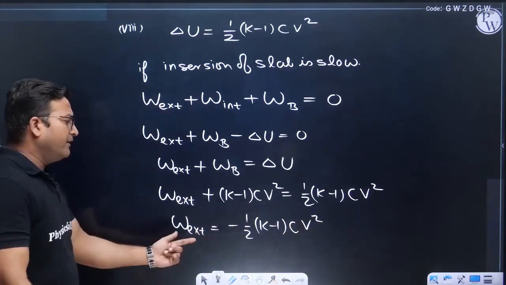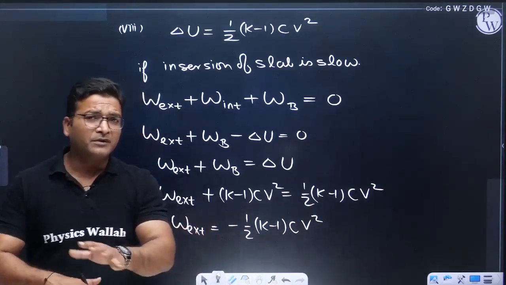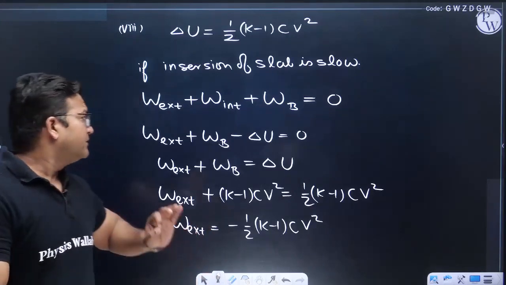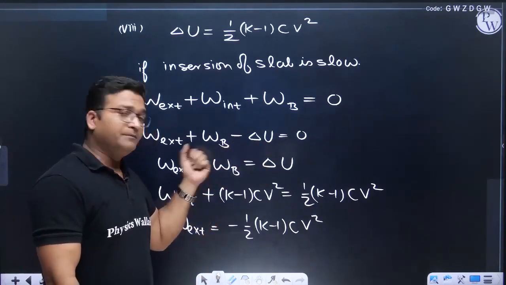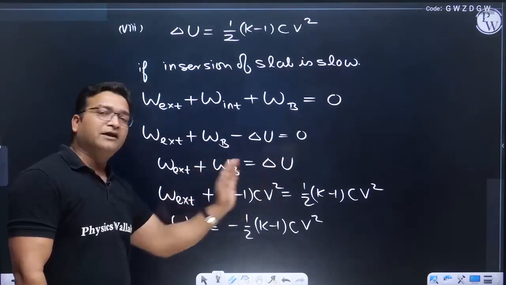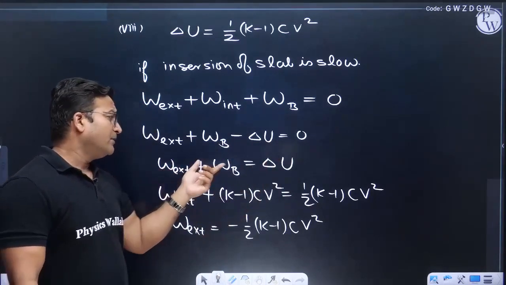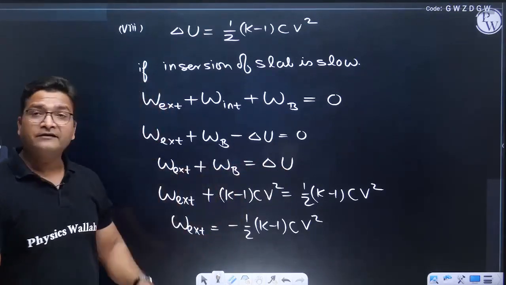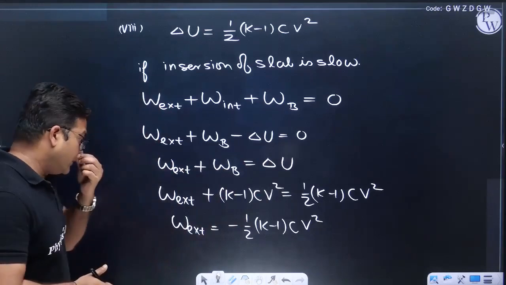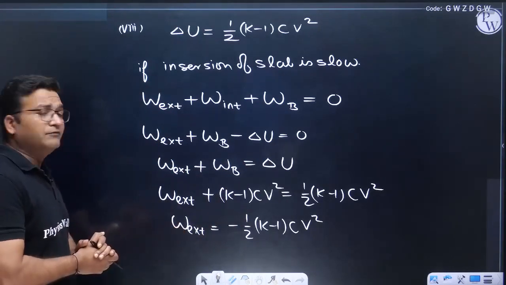This is the work done by the external force. I don't recommend you remember every formula here. Just remember how to find delta U and the work done by battery, and using the equation work done by external force plus work done by battery equals delta U, you can find the work done by external force. This is the way we calculate work done by external force.